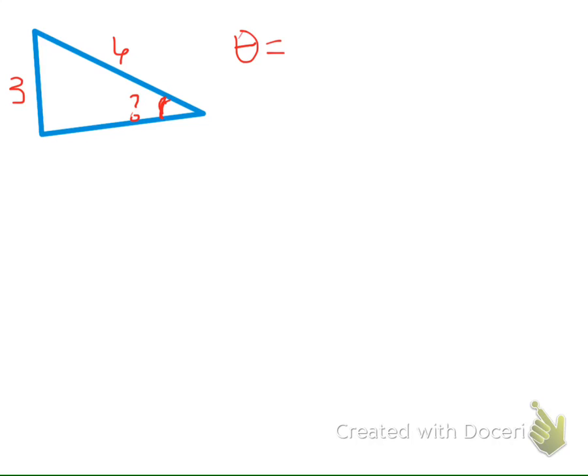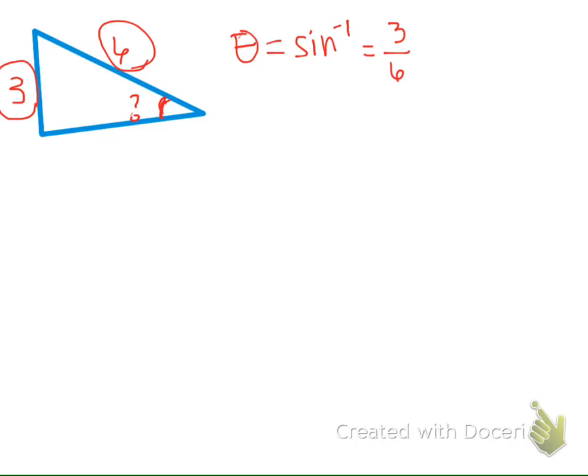And how do we solve for that? Which ones do we have? We have the hypotenuse and we have the opposite side. So we use second sine, opposite over hypotenuse.